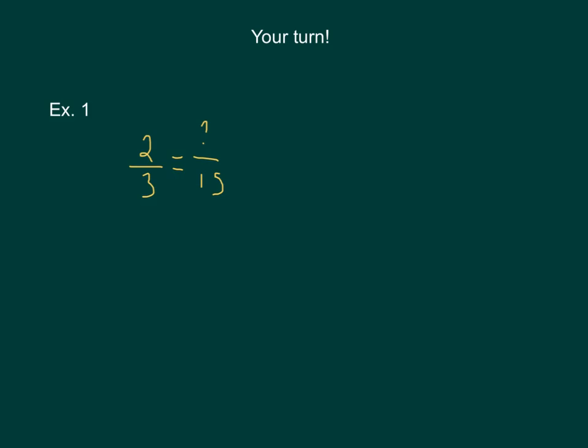Well, in this case, our known values are 3 and 15. So we need to figure out what the relationship is between those values. So we're going to ask ourselves, 3 times what will give us 15? When we do the work, we're going to figure out, okay, 3 times 5 will give us 15.